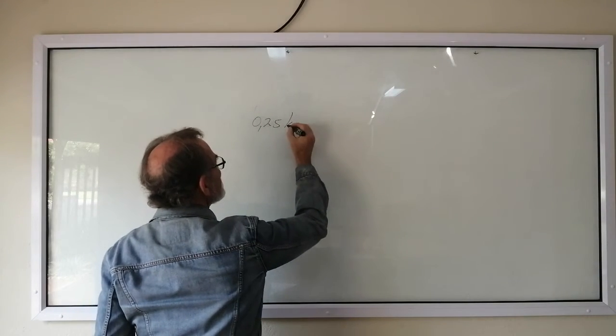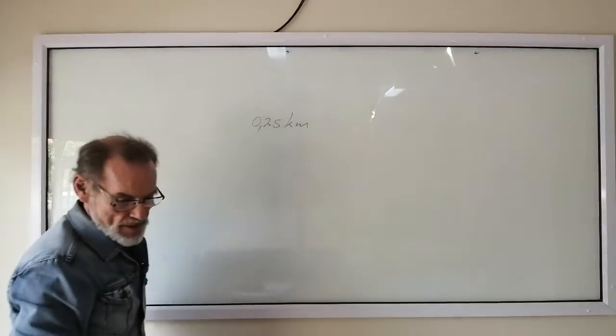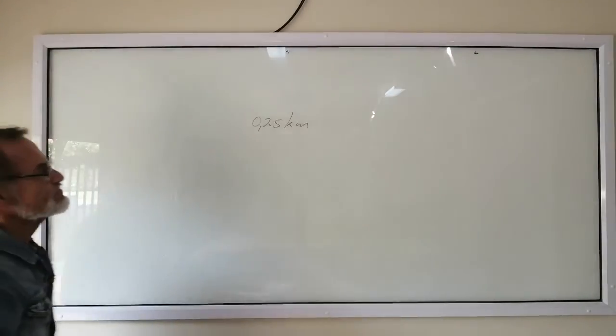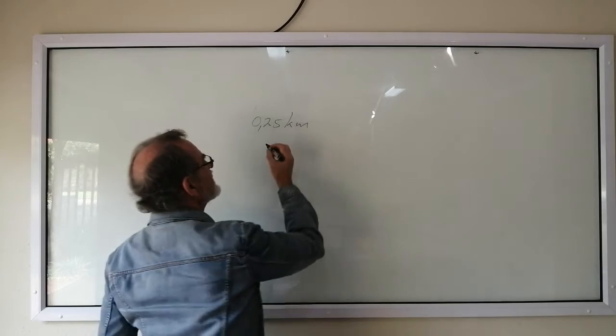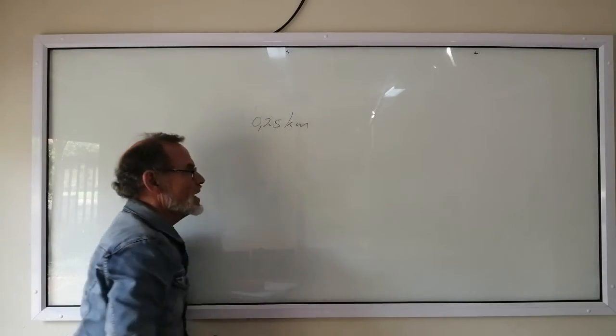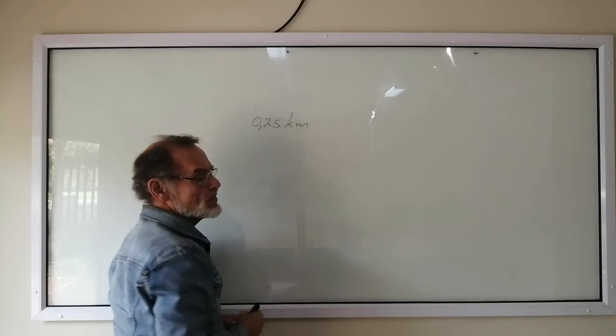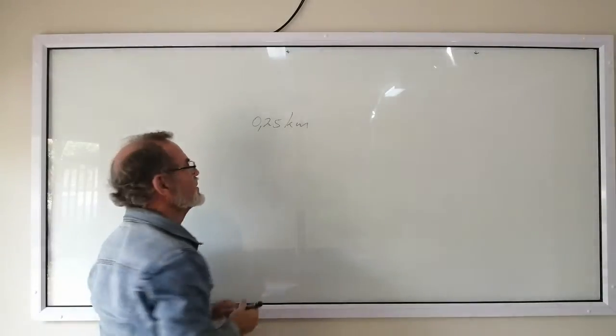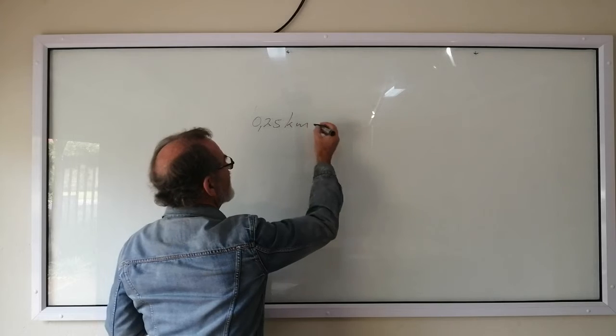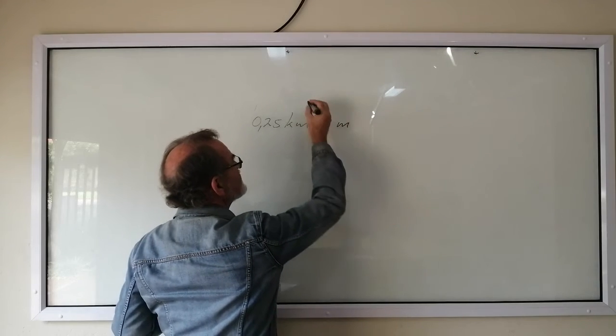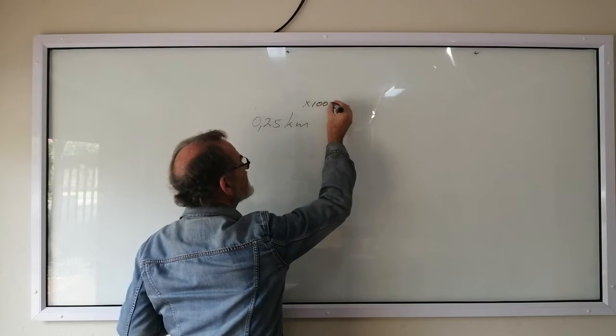0.25 kilometers. How many meters is in there? Okay. Must that number get bigger or smaller? Okay. And by what must you multiply it? From kilometers to meters, you multiply by 1,000.